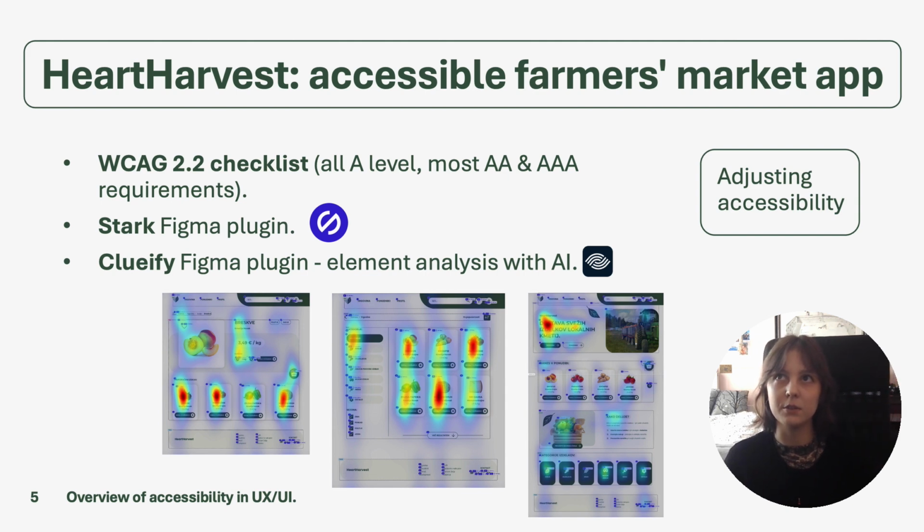I figured out that not all guidelines are possible to include in the prototyping phase, because some guidelines can be included only later on, in code. But Stark has a feature that enables you to write comments for developers, which makes the process of designing easier.